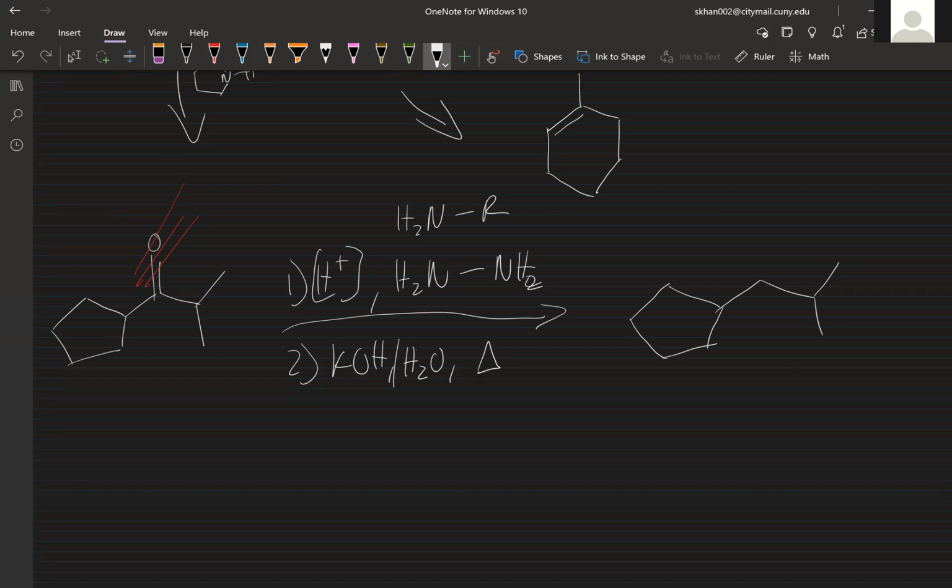Let's say you wanted to get this final product, and the only way you could have done it was through some carbon-carbon bond reaction that ended up having a carbonyl there. Then all you'd have to do is this Wolff-Kishner reduction, or you could use a thioacetal with Raney nickel. They both lead to the same thing: the carbonyl is getting cleaved and turning into two hydrogens.